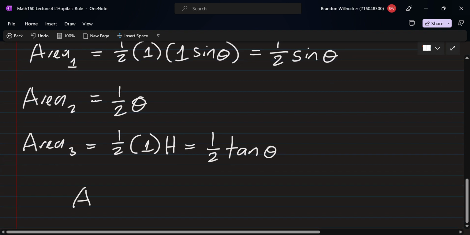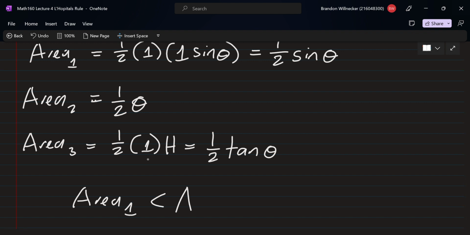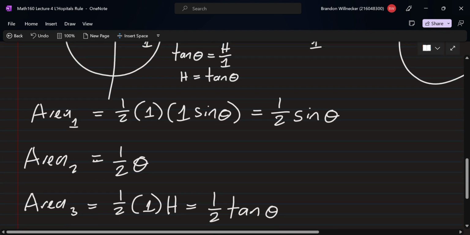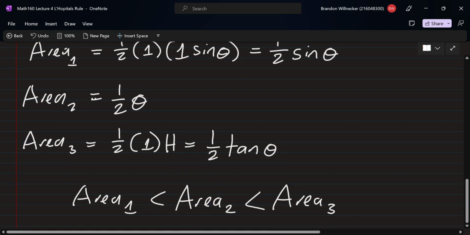Area 1, the smallest part, is less than area 2, the pizza slice, which is less than area 3, that extended triangle. Now we're going to start substituting, and we're going to end up with our beginnings for the squeeze theorem. So area 1, that was 1/2 sine theta.